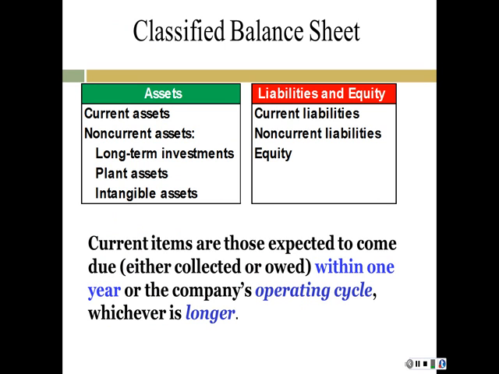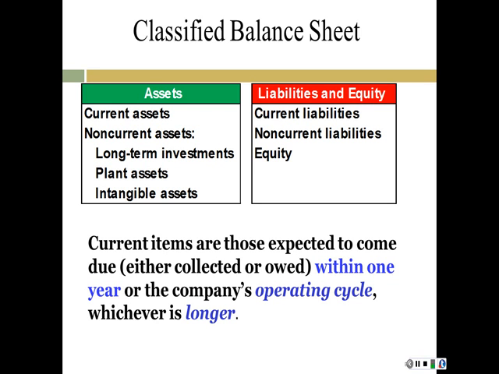Non-current assets are assets which have lives beyond 1 year or one operating cycle. In that category, we have long-term investments, plant assets, and intangible assets. We are not going to be covering long-term investments in this course, but we will talk about plant assets and intangible assets in a great deal of depth in chapter 8.